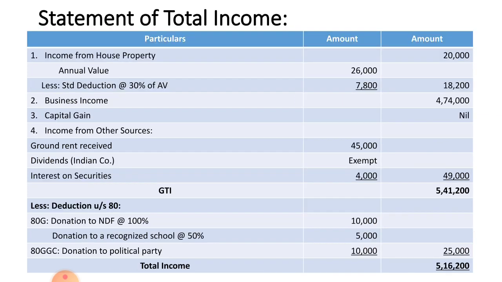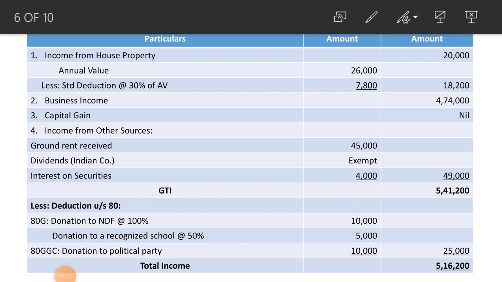Next you have to calculate total income. You know how to calculate total income. First you have to write income from house property, that is 26,000. 26,000 income from house property you have to write in the first amount column, that is annual value, because in this problem no municipal tax is given.